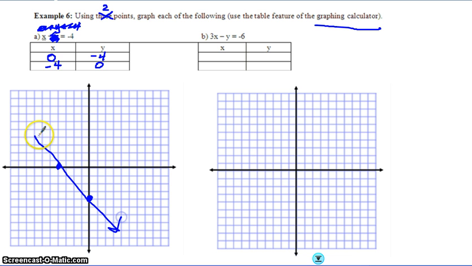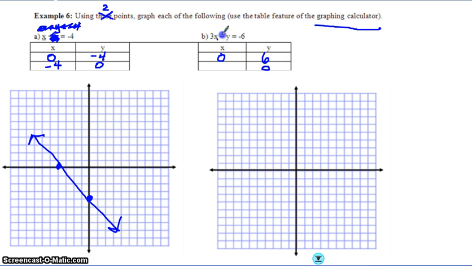Now, you might want to get a ruler and draw an actual straight line, but that's how you graph given standard form. So if you take a look at the second one, we're going to plug 0 in for x. If we plug 0 in for x, this term will eliminate because it would just become 0, and you get negative y equals negative 6 or y equals 6. Now we're going to do the same thing, finding the second intercept, except this time we're going to plug 0 in for y.